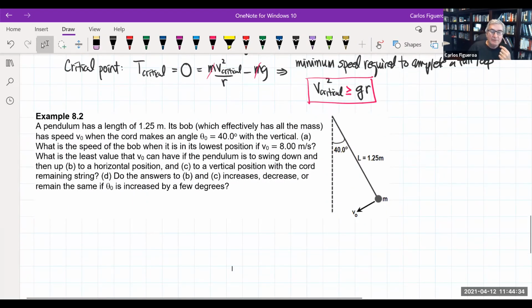So what I want to do here is start looking at what we've done in the past. I want to try to get a sense of what this example is telling me. Hold on a quick second. Let me set up here.